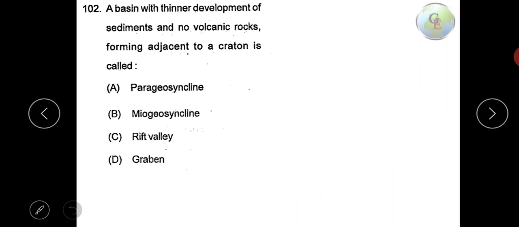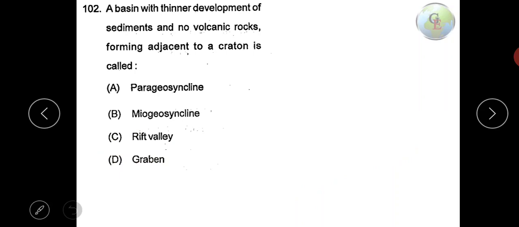Geosynclines are sedimentary basins. Earlier, geologists used the term geosyncline for a sedimentary basin where a thick pile of sediment deposited in a marine basin subsequent to compression, deformation, and uplift to mountain ranges.